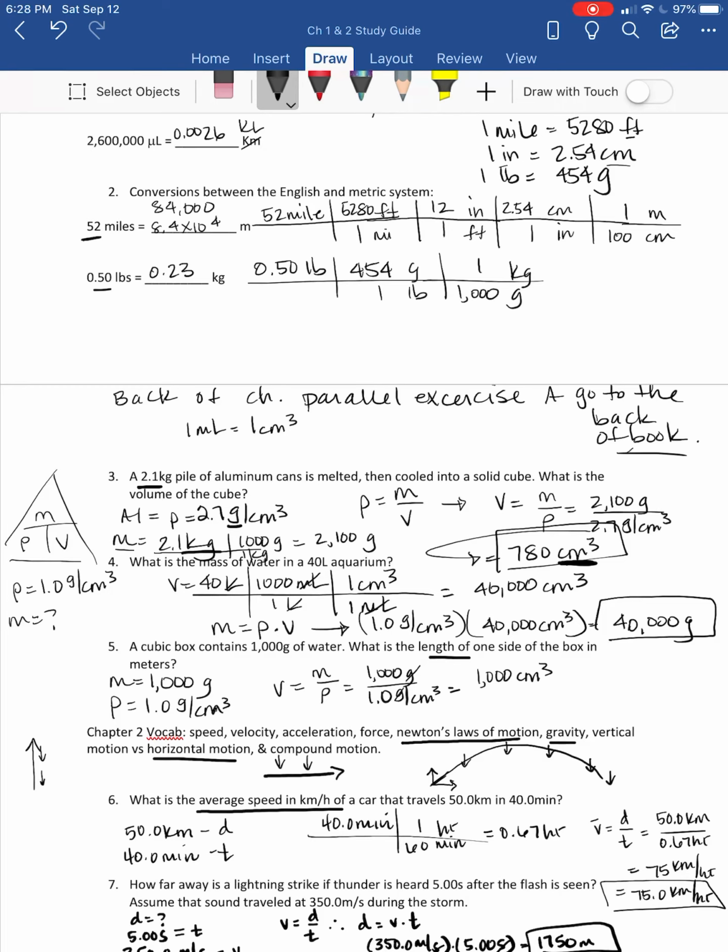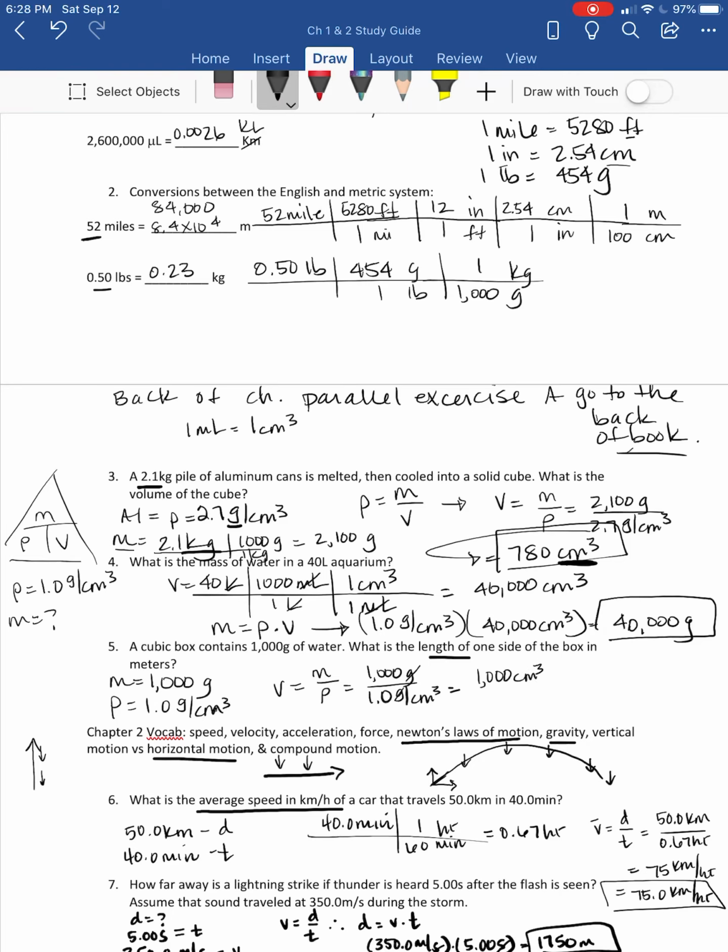So if you do the cubed root of 1,000, that's going to give you 10. Why did I do the cubed root of that? Well, first off, I probably should have waited to do that. I should have converted this to meters.